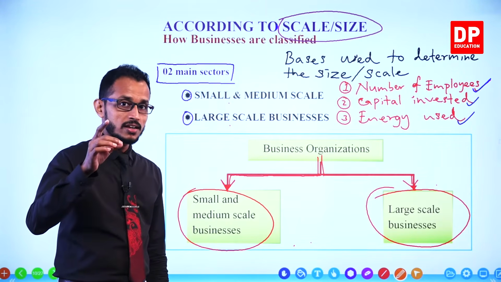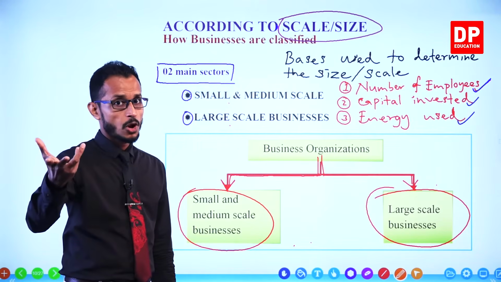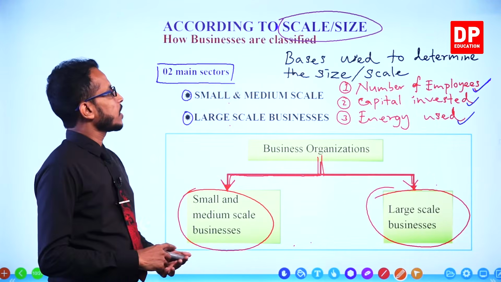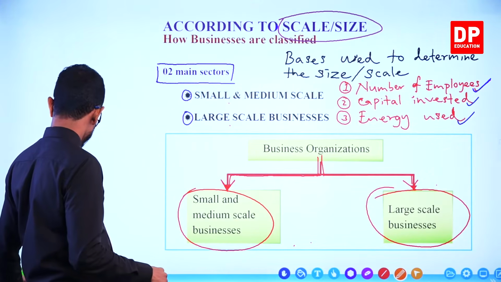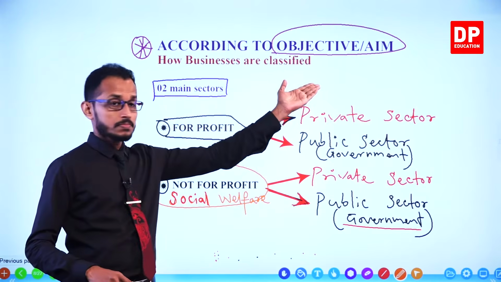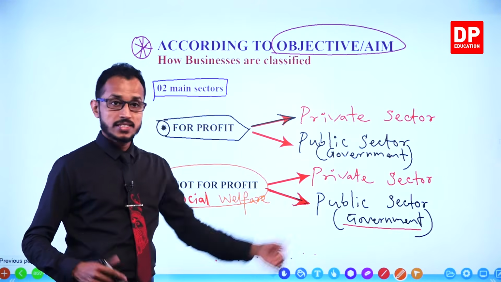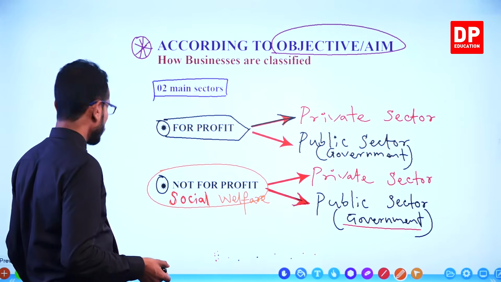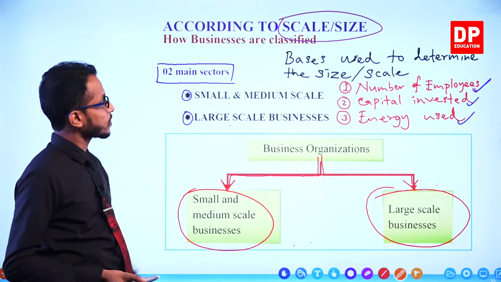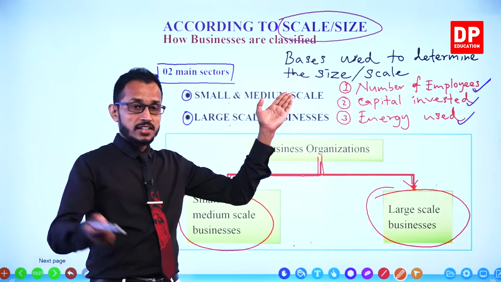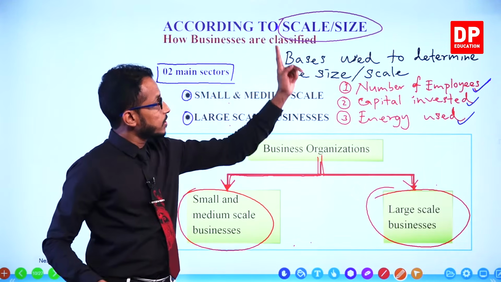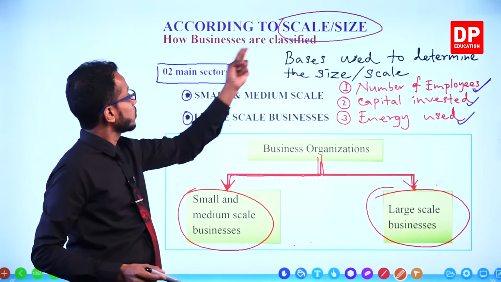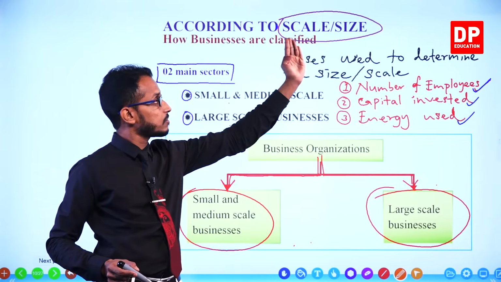You must keep track of the subtopics that we are covering from each session. This slide was discussed in the previous session, dividing business organizations according to objective or aim. In this session, we started with this slide, dividing or classifying business organizations according to size or scale.